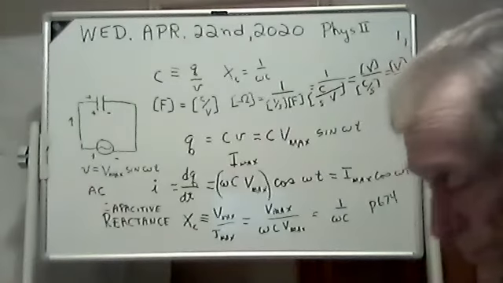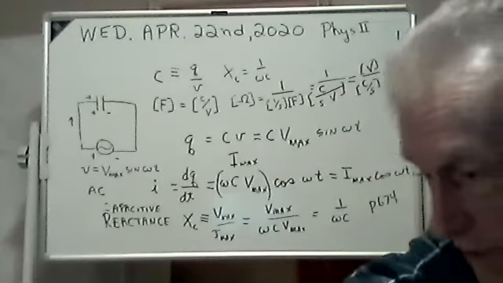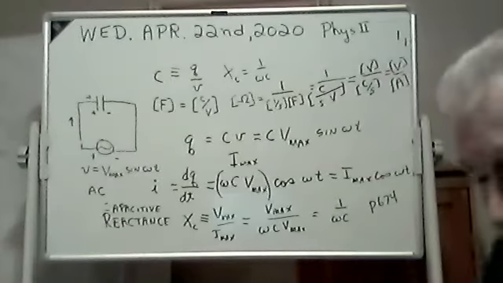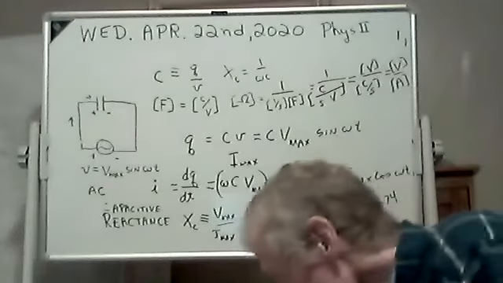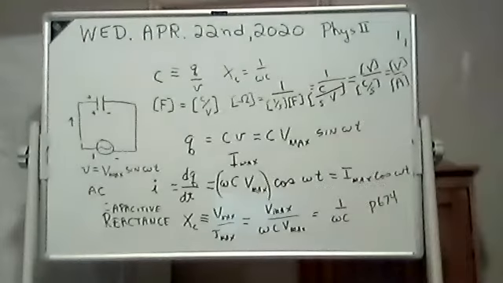Now let's show you the inductive reactance. That's next. Was there any comment or question on any of that on the capacitive reactance? So what does the reactance tell us? Like, what does it mean if you have a really big reactance? What does it mean if you have a really small reactance? Can you have a negative reactance? No, reactance is always positive.